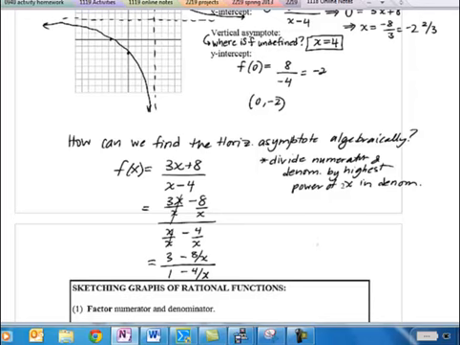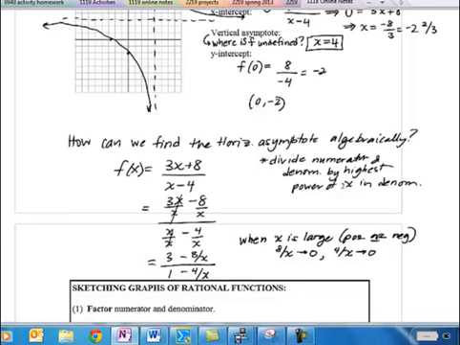But in this form, since we're interested in what's going on when x is large, it's easy to see what's going on. When x is large, either positive or negative, 8 divided by x is going to be closer to 0, and 4 divided by x is also going to be close to 0.